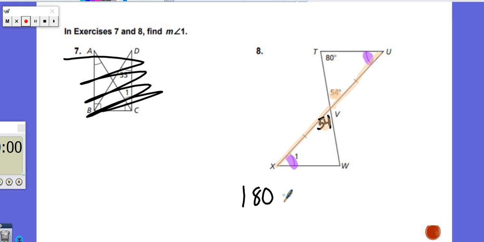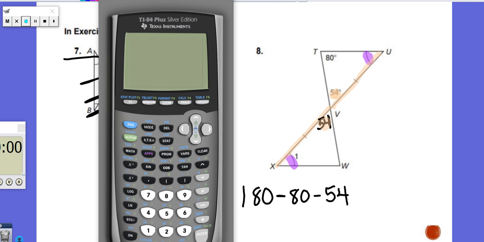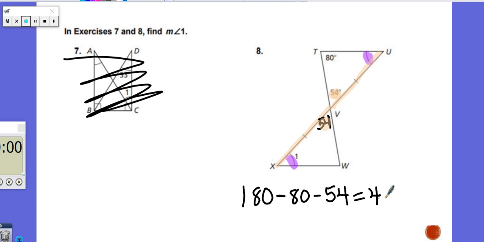So if I take 180 minus 80 minus 54, let's see what we get. 180 minus 80 minus 54 equals 46. So if this angle up here is 46, then this angle down here is also 46. And we're done.